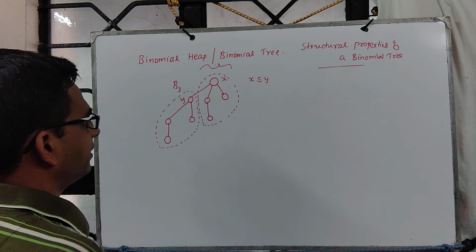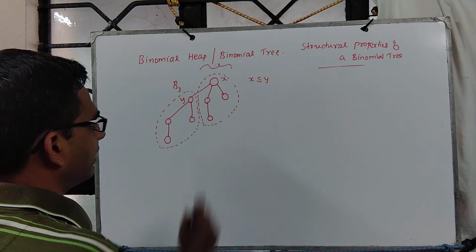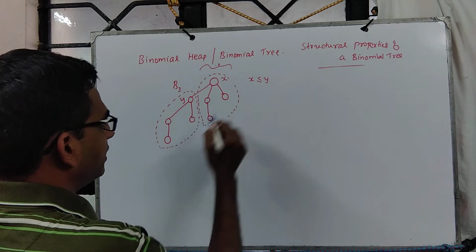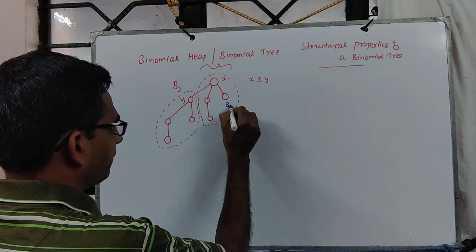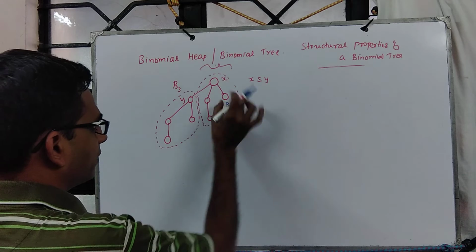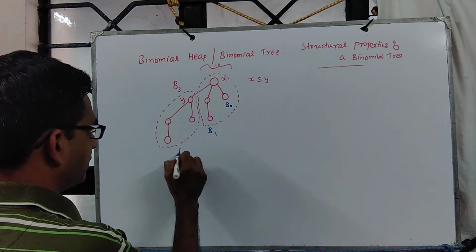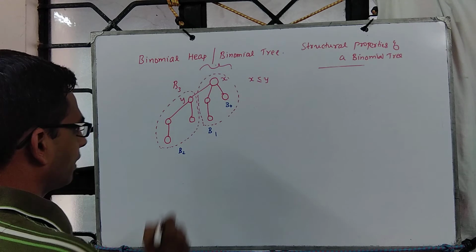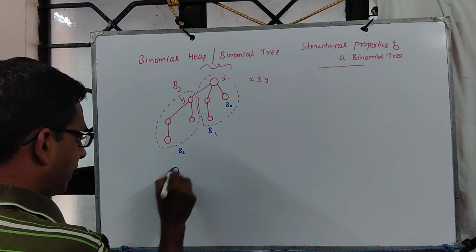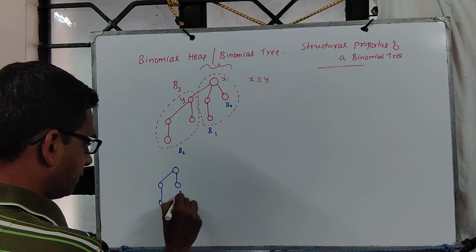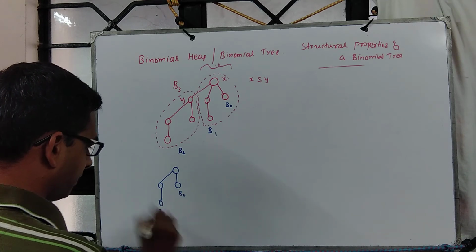If you look at this B3, if you look at its children, this one is B0 and leaf root. Then this one is B1, this one is B2. Again, if you look at B2, this one is B0, this one is B1.